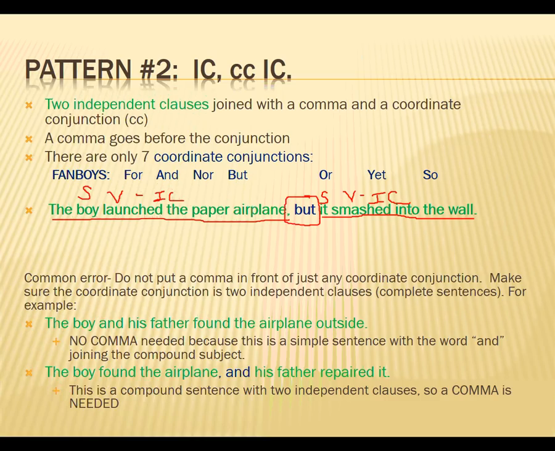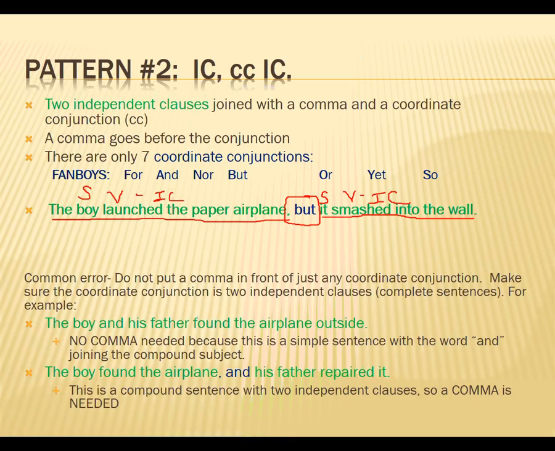Also, a note about the word and. And is used in many ways in sentences. Just because you see the word, it doesn't automatically mean a comma is needed. For example, the boy and his father found the airplane outside. No comma is needed because this is a simple sentence.